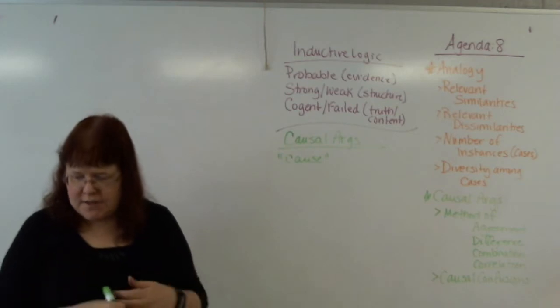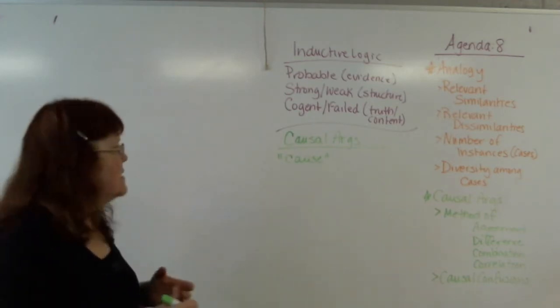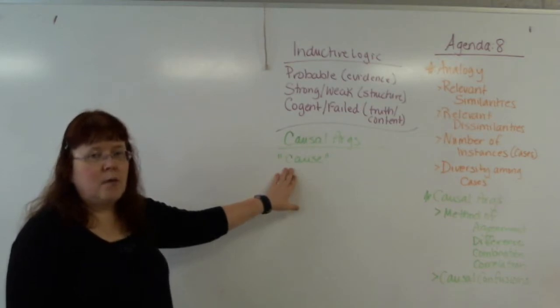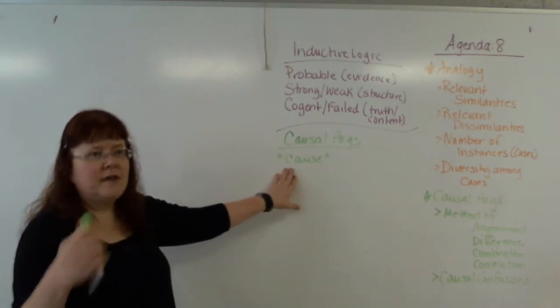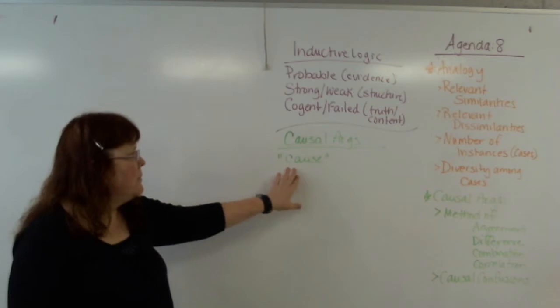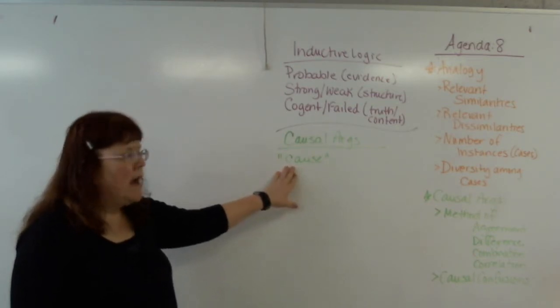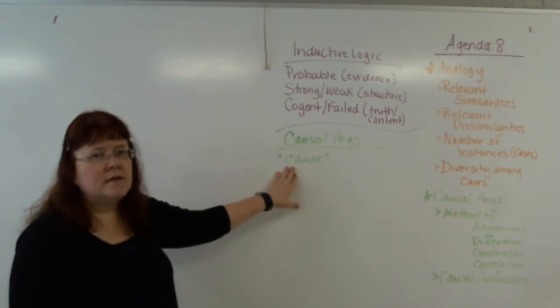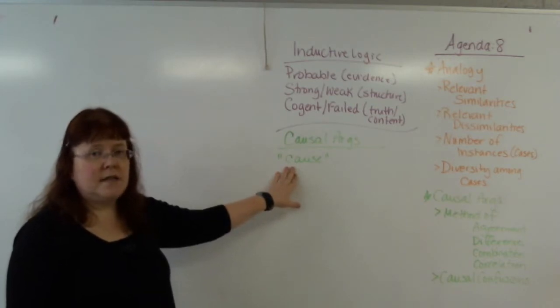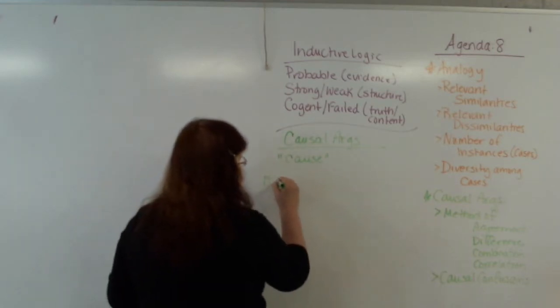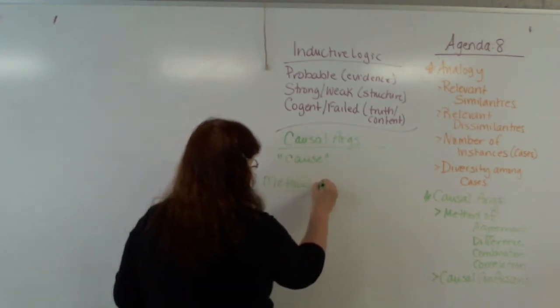And this is where John Stuart Mill comes in. He says if you have a causal argument, and we're going to talk about all the things that can get in the way of that in just a little bit, you have four different ways that you can show causation. The first way is the method of agreement.